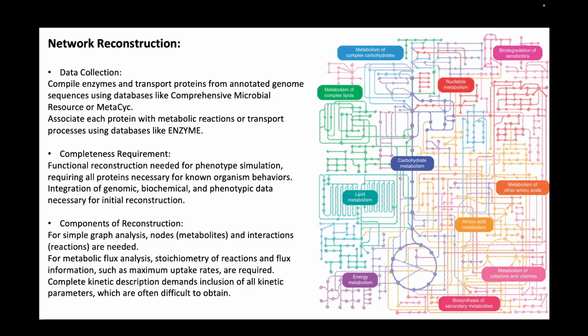And then you use functional reconstruction for phenotype simulation, requiring all proteins necessary for known organism behaviors. You can integrate genomic, biochemical, and phenotypic data for initial reconstruction. So basically, for reconstruction, you need to have a priori knowledge that is either from databases, from experiments, or so on.